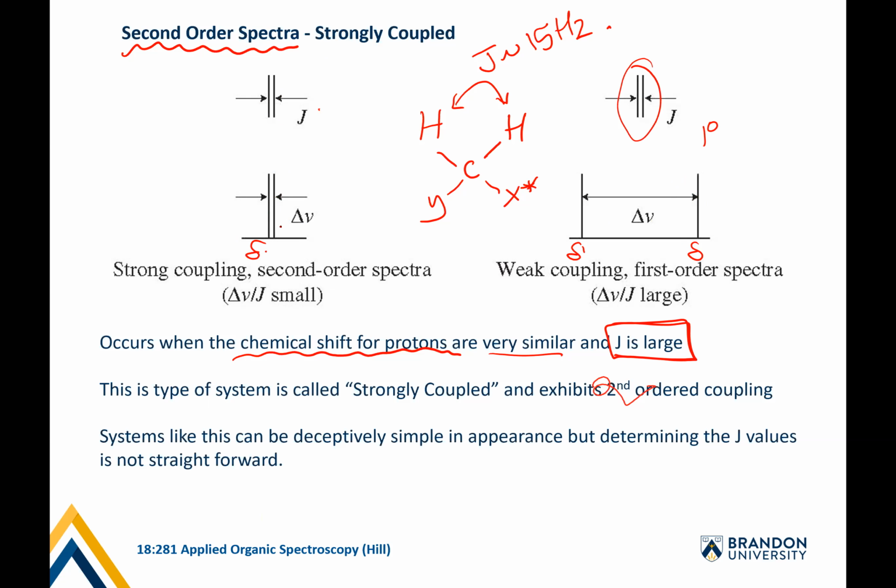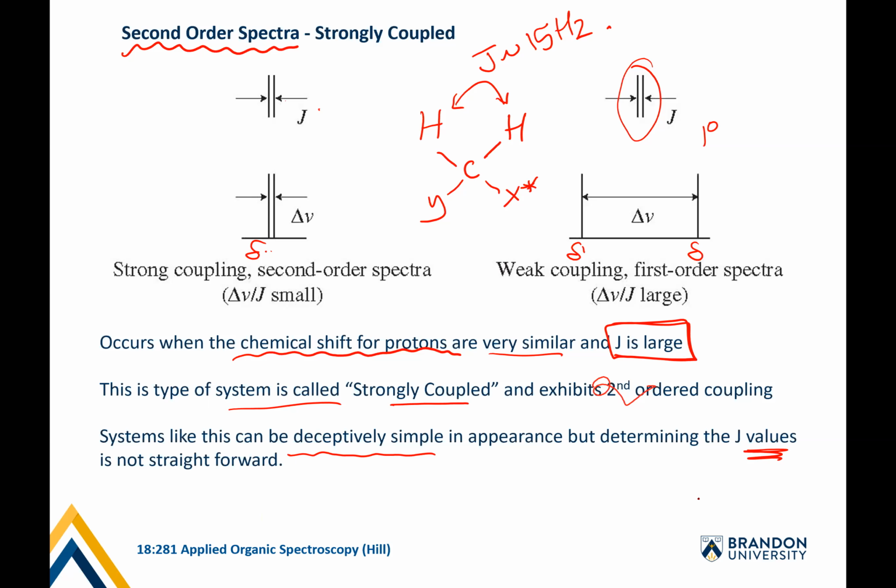But when you've got similar chemical shifts and large coupling, we call these second order spectra or strongly coupled spectra, and they make some really interesting patterns. It says here they look deceptively simple, but measuring their J values isn't something that we're ever going to do in this class because it is quite complex.